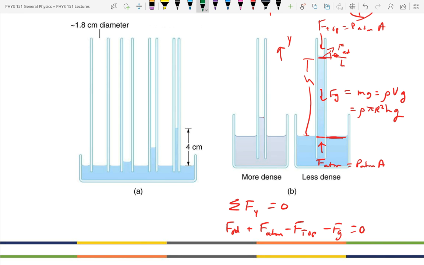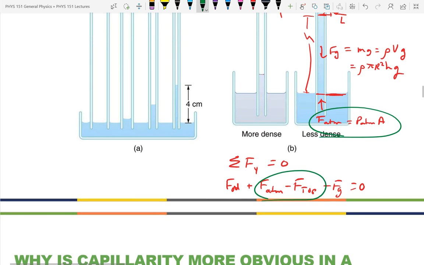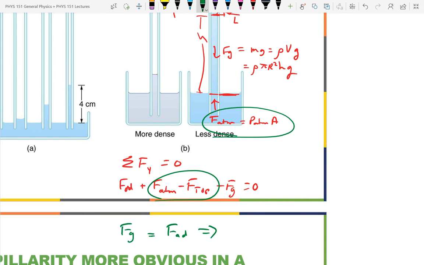Now, we just saw the pressure at the top, the force top and the force atmosphere are the same, so those add to 0. And I end up with force of gravity is equal to force adhesion, which means that rho pi r squared h g is equal to 2 pi r times whatever that force adhesion per length parameter is.